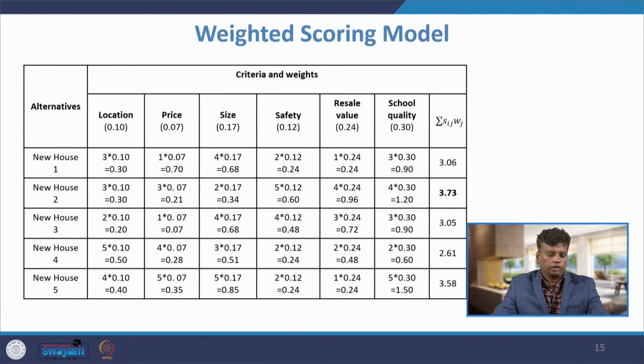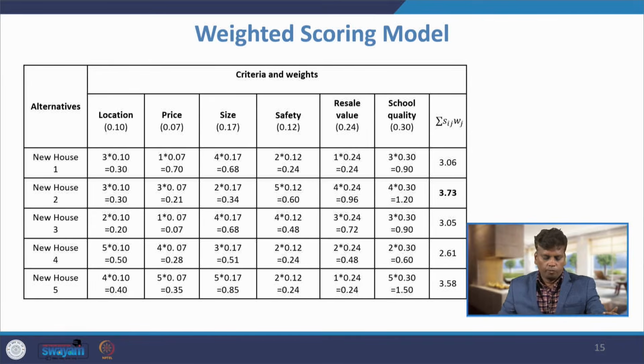The first step is multiplying the score for the new house with respect to criterion 1, that is location. The score is 3, multiplied by the corresponding weightage. So, 3 multiplied by 0.10 is 0.3. Then with respect to price, the score for the new house is 1.